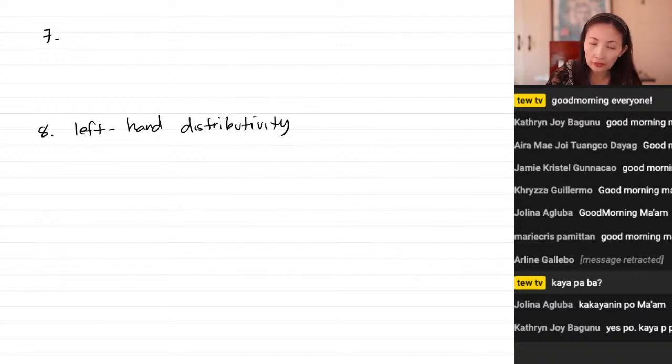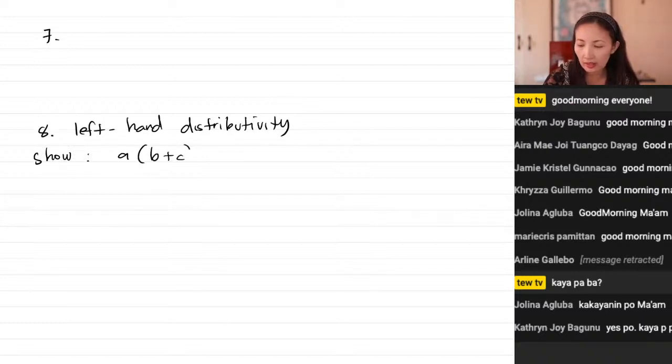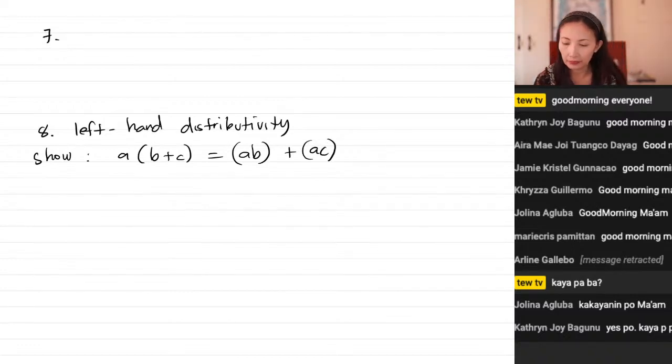is, we have to show that A times the quantity B plus C is equal to the quantity AB plus AC, sorry. AB plus AC. That's how it should be.